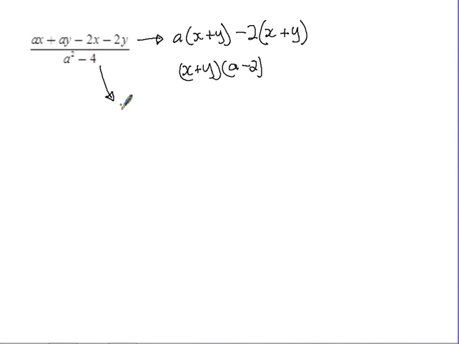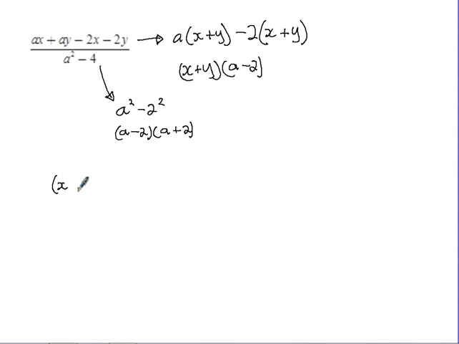We factorize our denominator. It happens to be the difference of squares again, because it is a squared minus 2 squared. So we apply the identity: a minus 2 times a plus 2. So then we rewrite the fraction in factored form.